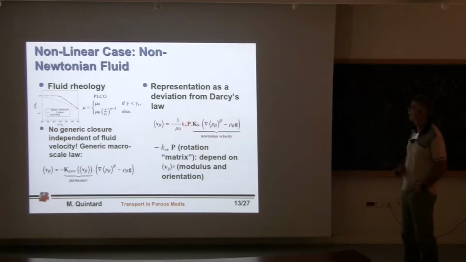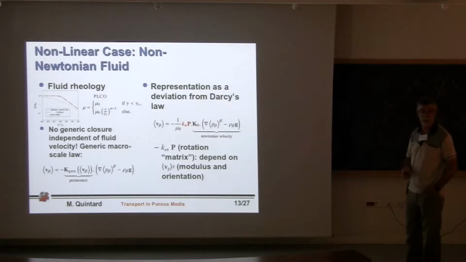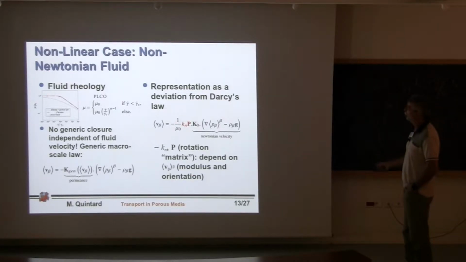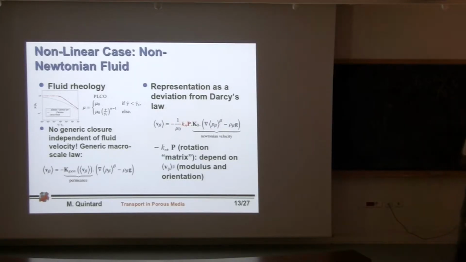Like before for Navier-Stokes, I have here the Newtonian velocity, if you want. And the Newtonian velocity is corrected by two things. First, a rotation matrix, and then a nonlinear scalar that depends on the velocity of the system. And so I'm going to discuss what are the properties of those things.